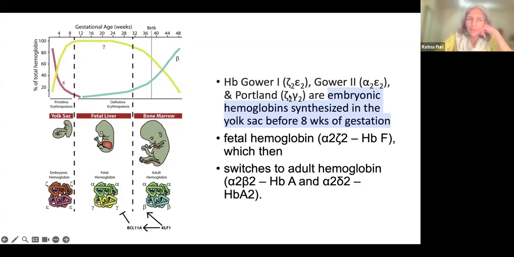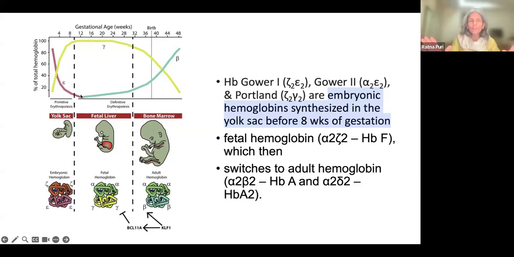You don't have to remember this, but just understand that as the baby grows, we have different kinds of hemoglobin. Predominant in the fetus is the fetal hemoglobin, which is alpha 2 and gamma 2, the hemoglobin F. And you can see here that the embryonic hemoglobins decline by about 8 weeks.